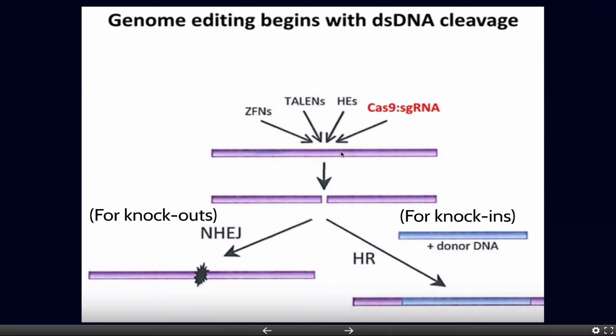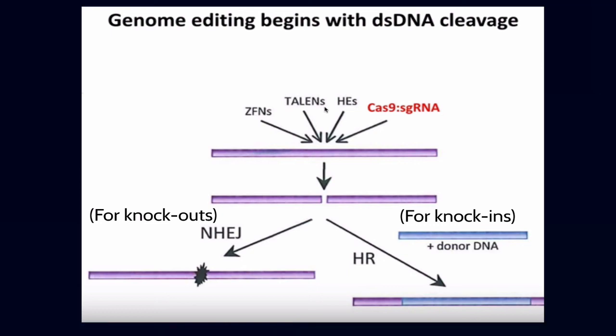Okay, so Cas9 and single-guide RNA, so the CRISPR-Cas9 complex, can create these targeted double-stranded breaks. But they are not the only technology that can do that. We also have zinc finger nucleases, or ZFNs, or TALENs, whose acronym escapes me now, but I think it's something like transcription activator-like effector nucleases.